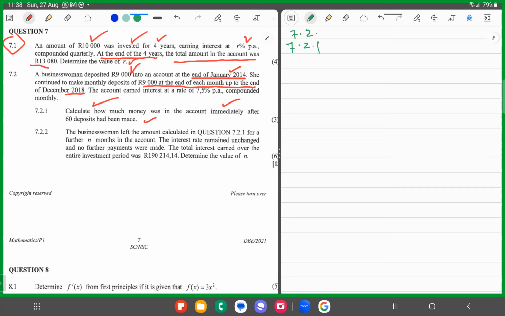So in 7.2.1, you have the following. There's something called a timeline.